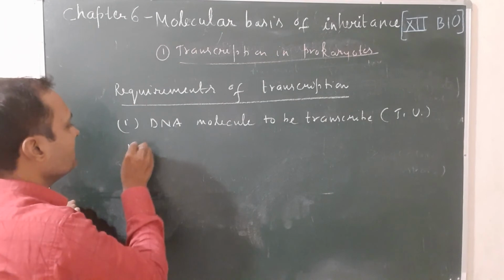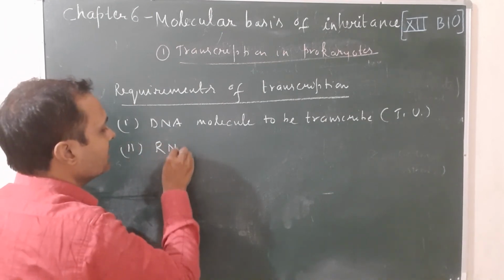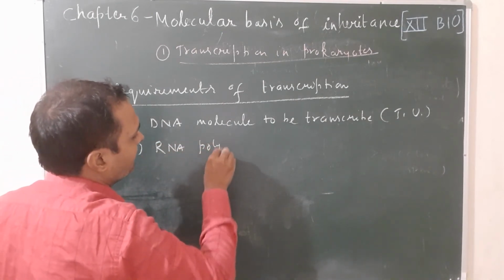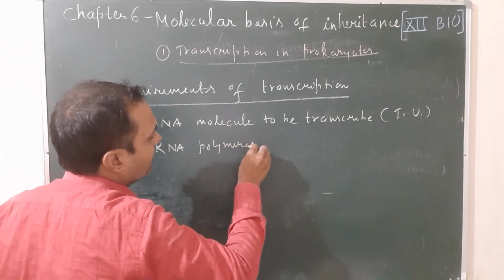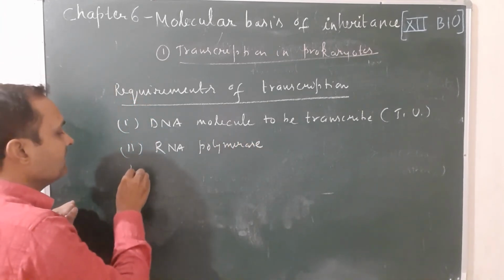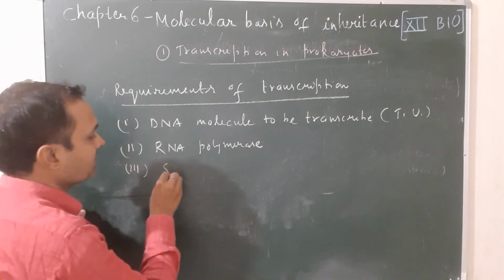Second, an enzyme known as RNA polymerase. And two special kinds of protein known as the sigma factor and the rho factor.